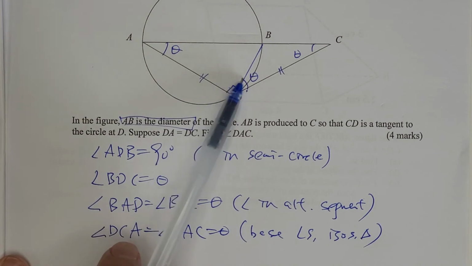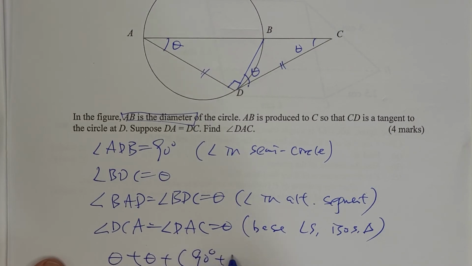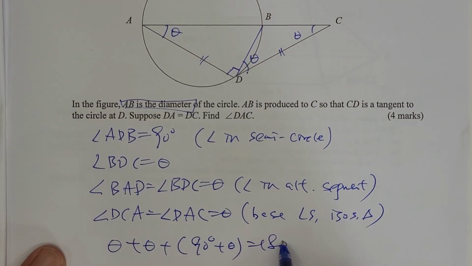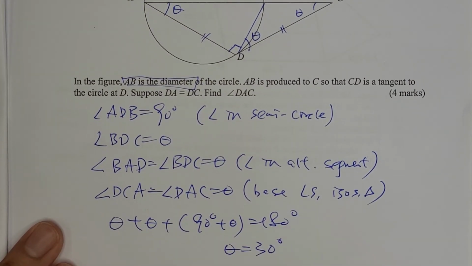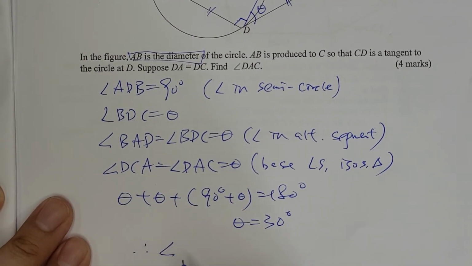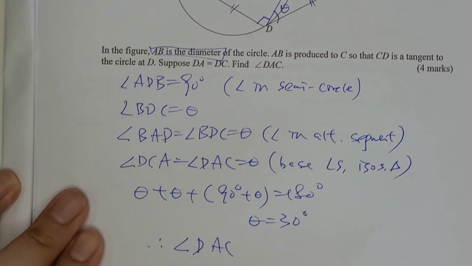The sum of these three angles will be 180 degrees. Theta plus 90 degrees plus theta equals 180 degrees. So you can solve theta, that is 30 degrees. When you know theta is 30 degrees, therefore angle DAC, this one, is 30 degrees.